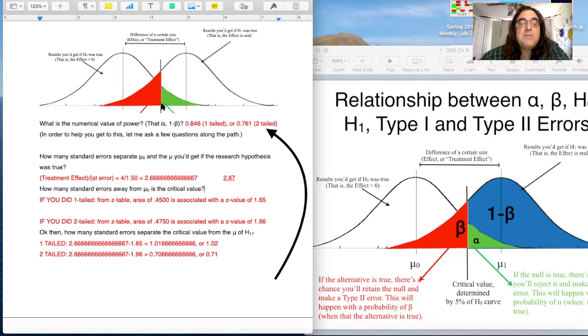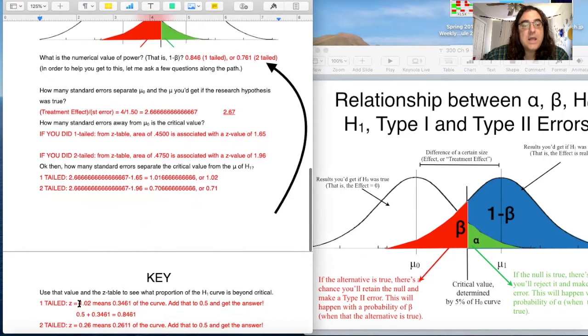And now you can figure out how many standard deviations are between the critical value here and the middle of the alternative curve. That's simply 2.67 minus 1.65. That gives us between here and here 1.02 standard errors. With that information, we can go look up 1.02 in the z-table and figure out what area is associated with that right here.